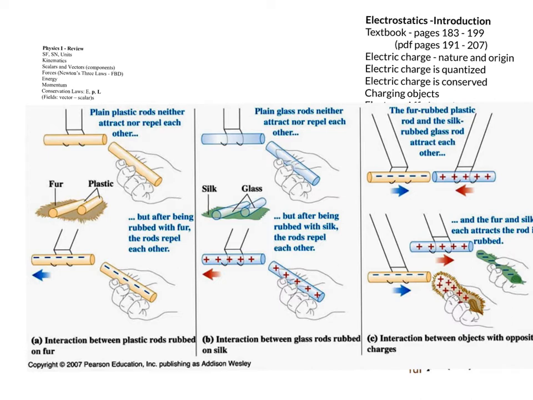And here it shows you that the fur, since the electrons transferred from the rod to the fur, is positive, and so it will attract that rod. And the wool became negative because the wool, I didn't explain that, is more electronegative than the glass, or the wool, notice the term, has more electron affinity than the glass, and so the wool takes electrons off the glass onto the wool, leaving the glass positive.